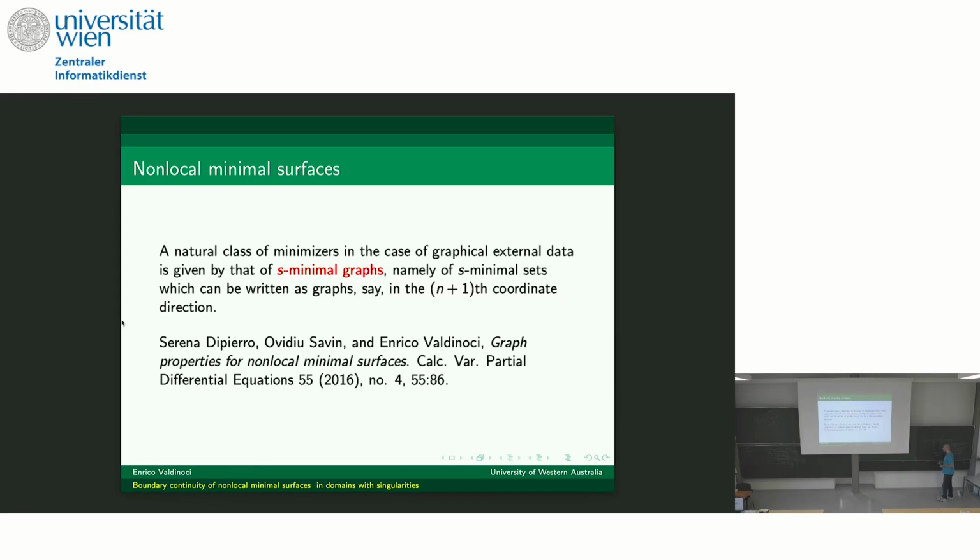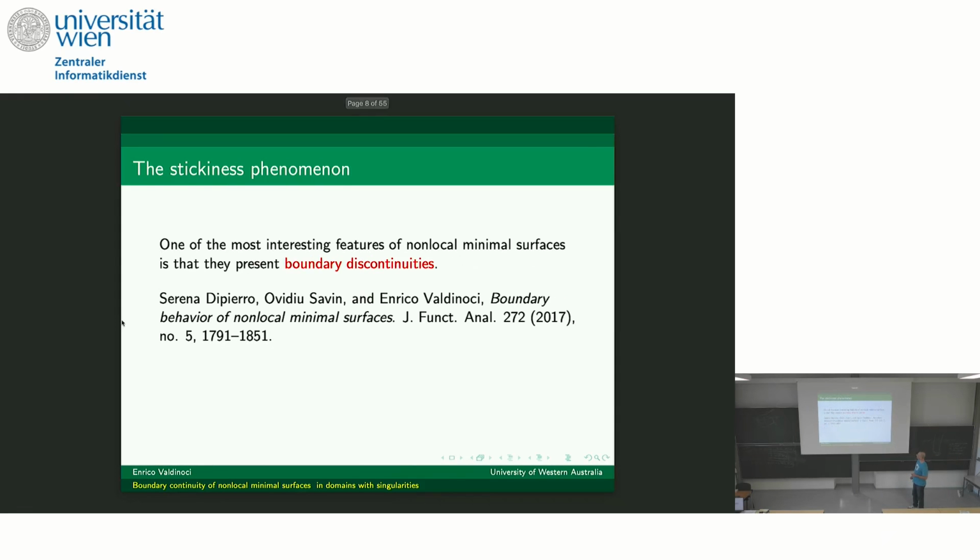And this is a result that we obtained with Serena and Ovidiu a while ago. Now, for me, one of the most interesting properties of non-local minimal surfaces is the boundary behavior.